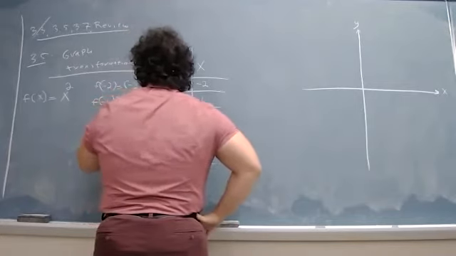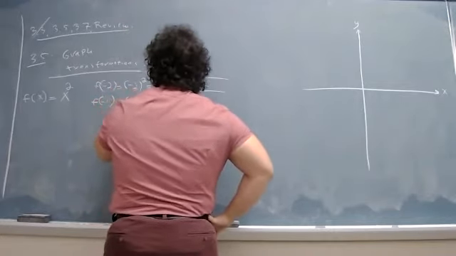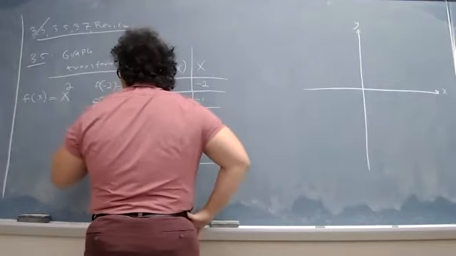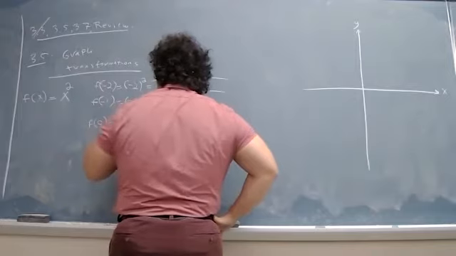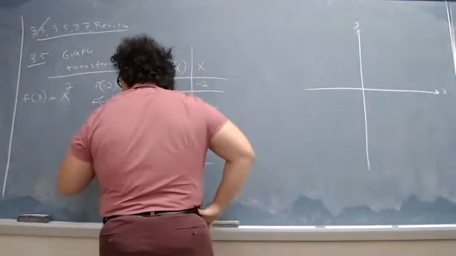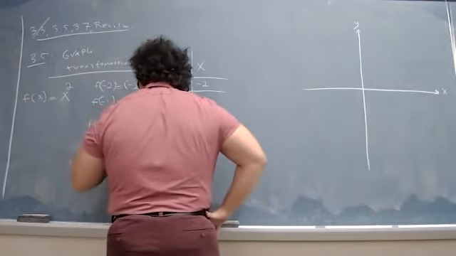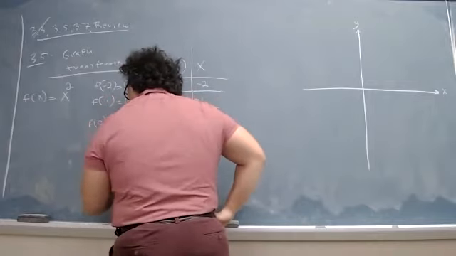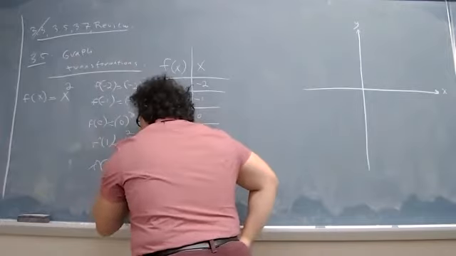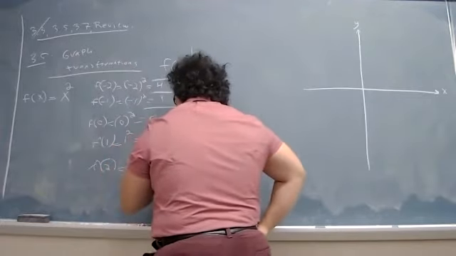Well, that's just -1 squared, which is equal to 1. What is f of 0? Well, that's just 0 squared, which is equal to 0. What is f of 1? Well, that's just 1 squared, which is equal to 1. And f of 2, well, that's just 2 squared, which is equal to 4.